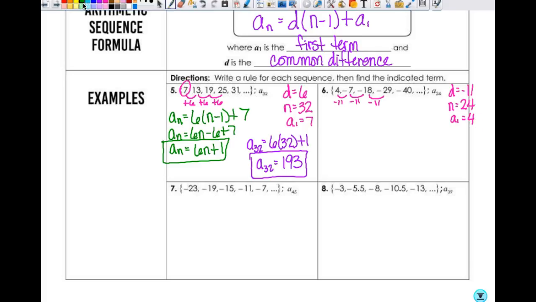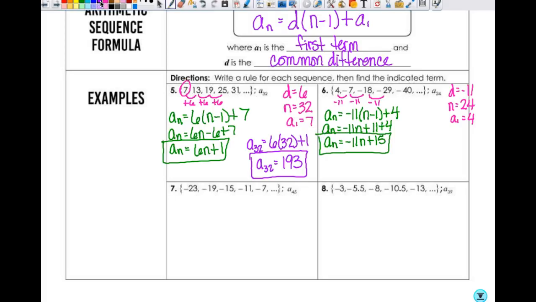So I've got to find my nth term formula first. So AN is equal to the common difference, which is negative 11, times n minus 1, plus A1, which is 4. So AN equals negative 11n plus 11 plus 4. So AN equals negative 11n plus 15.